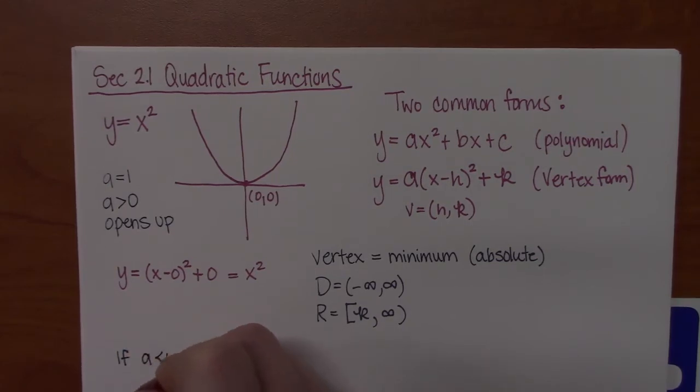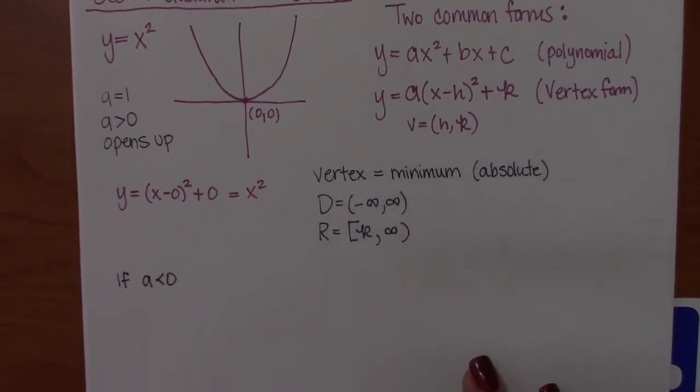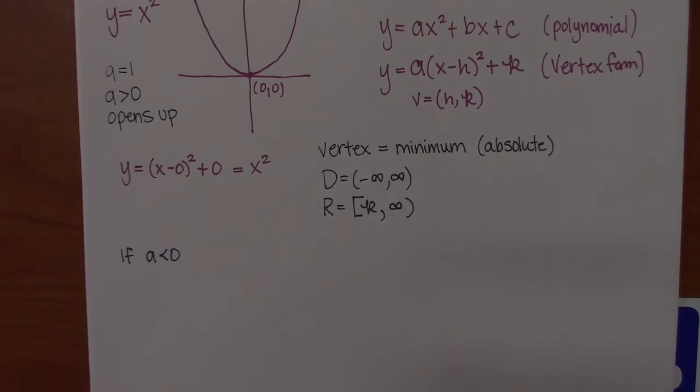If a is negative, then what we've done is we've multiplied the function by -1, right? And when you multiply a function by -1, you flip it over the x-axis, so it would make sense that it would make the parabola open down. We've reflected it over the x-axis.